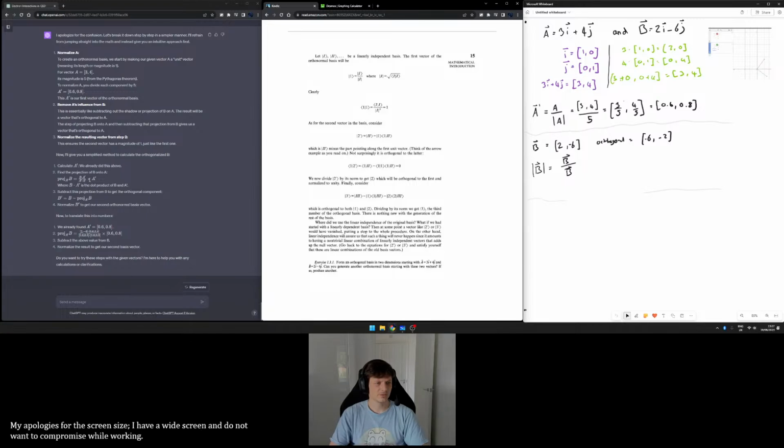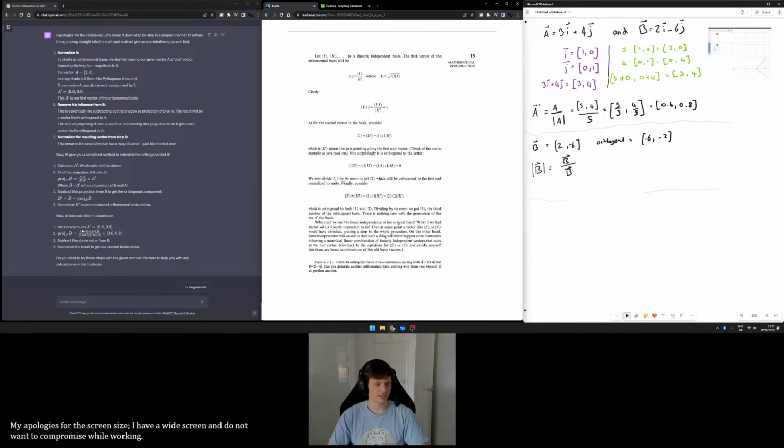Subtracting this projection from B to get the orthogonal component. B prime is equal to B minus the projection of A onto B. Normalize B to get our second orthonormal basis vector. Now to translate this into numbers, we already found A is that.